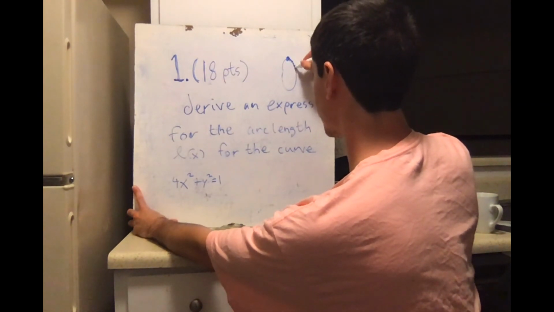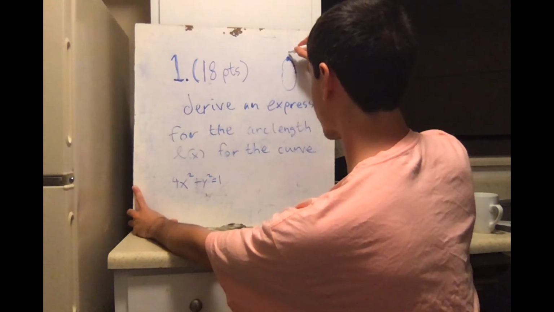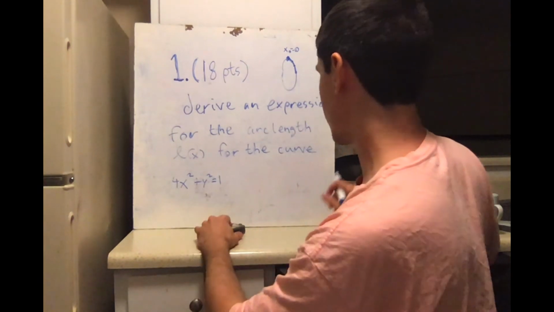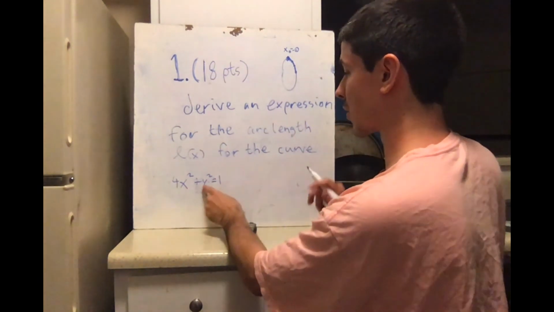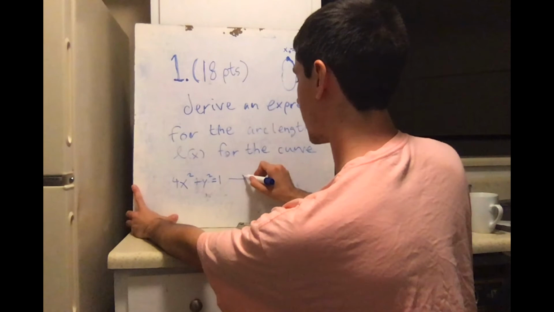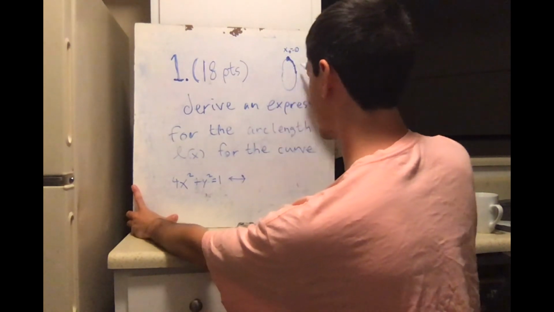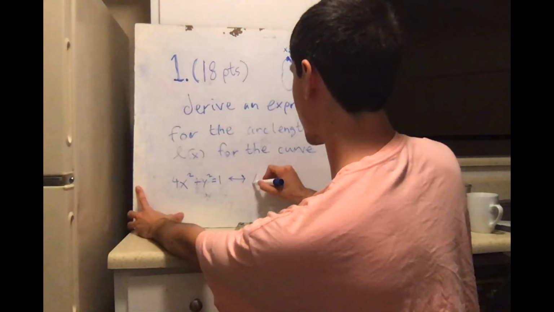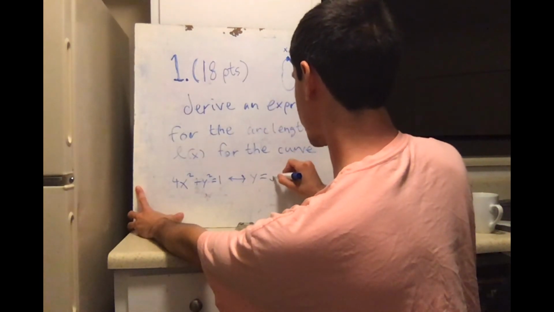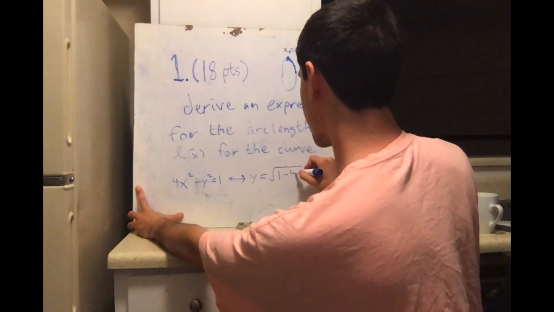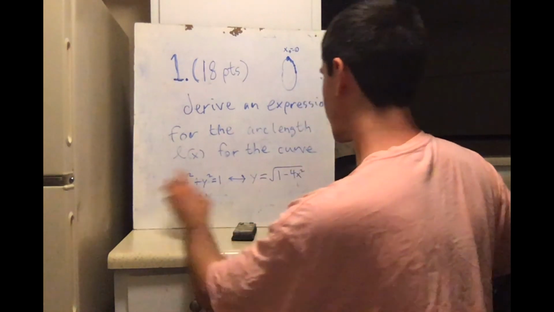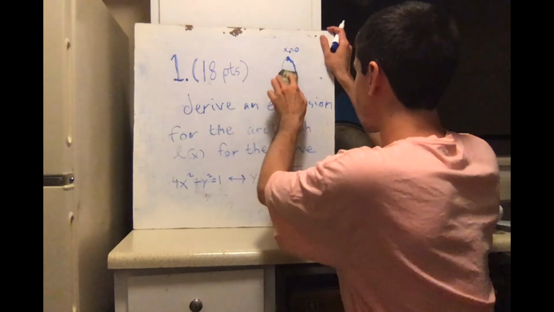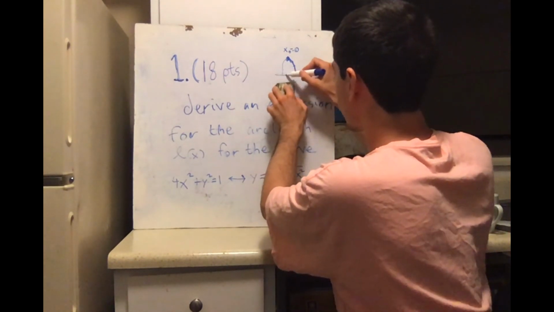starting right here, going along. This is the point x0 equals 0 for the curve. So this curve is going to be the top branch of this curve, as I said. The top branch is going to be y equals the square root of, normally it's going to be plus or minus this, but we're going to consider the top branch, square root of 1 minus 4x squared. So that's just going to be this top half right here.